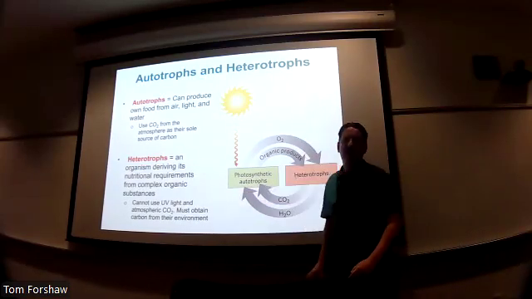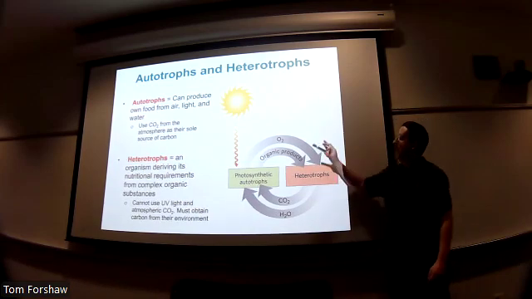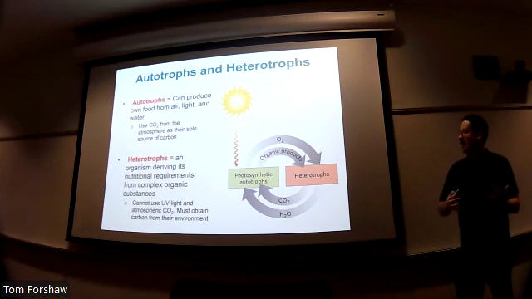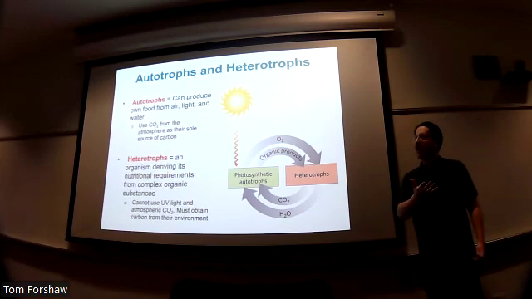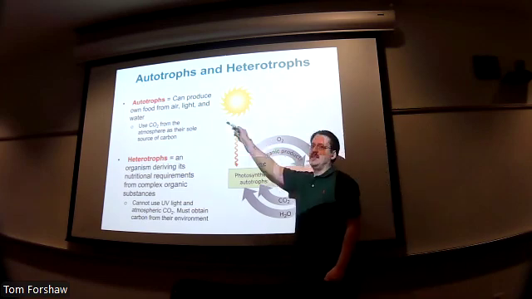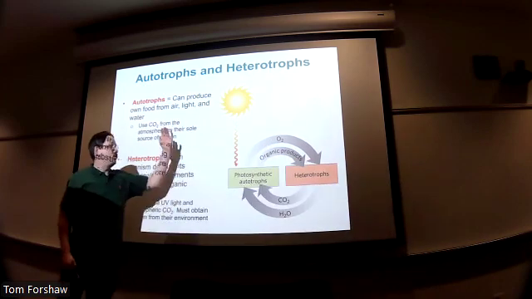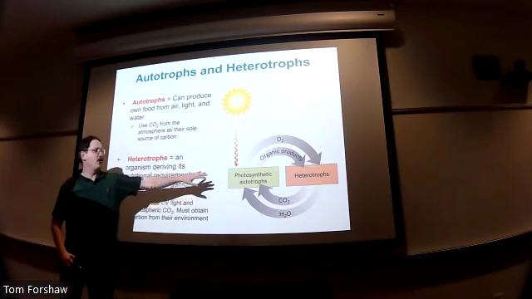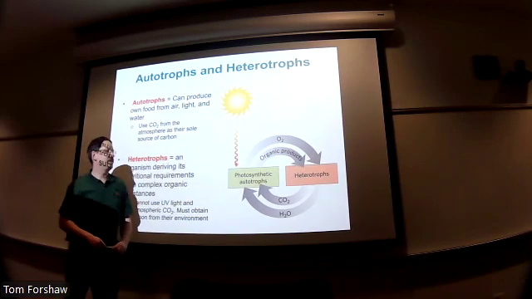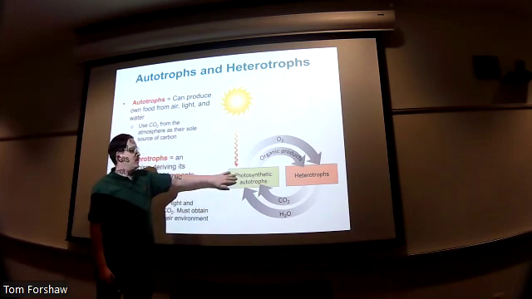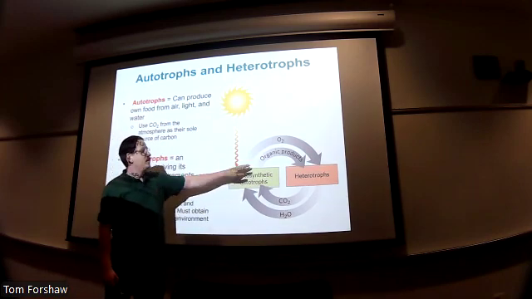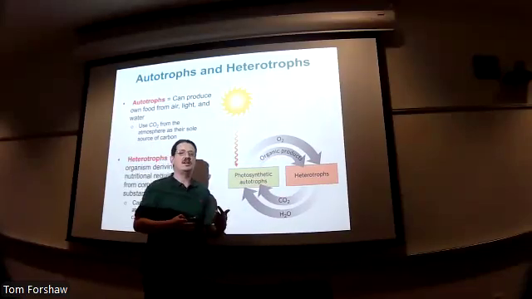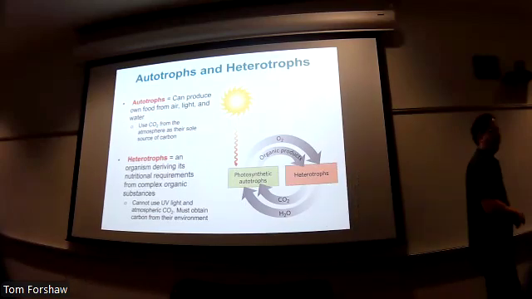Heterotrophs, on the other hand, eat those sugars made by the photosynthetic autotrophs and then break them down. So you and I are heterotrophs, and plants and algae are autotrophs, taking the energy from the sun. And we, as heterotrophs, steal that energy from the plants that originally came from the sun. So the photosynthetic autotrophs produce sugars that we consume and turn into CO2, which they turn into sugars again. And the cycle goes around.